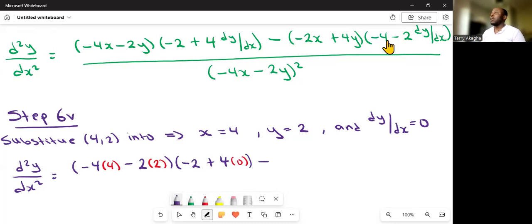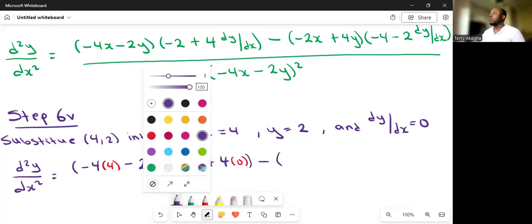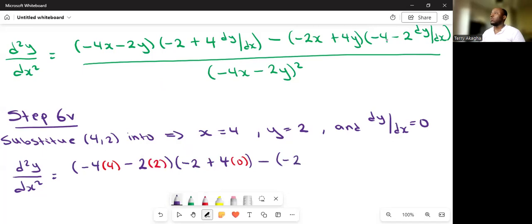Minus, then the same thing, minus 2, instead of having x, I'm going to put 4. So basically, anywhere you see x, you put 4. Anywhere you see y, you put 2. Anywhere you see dy over dx, you put 0.